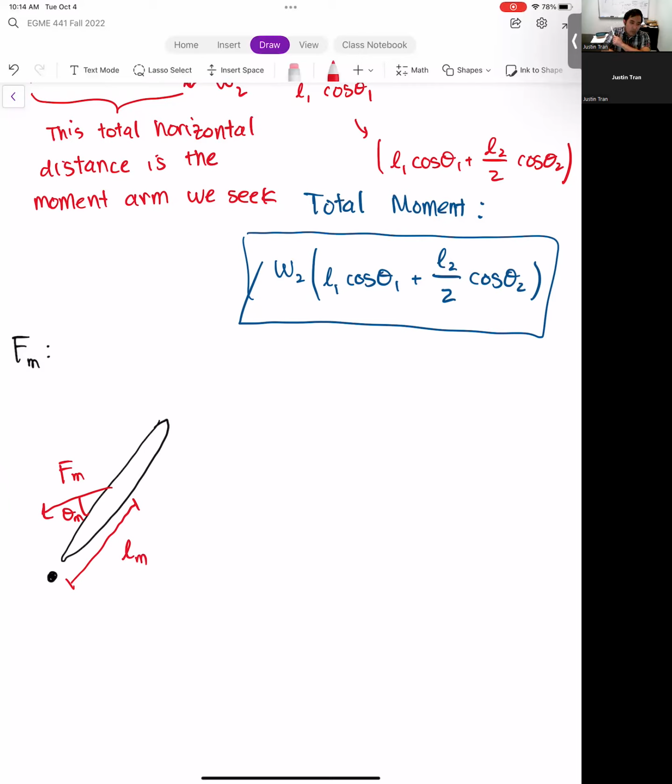I think there's been some confusion, and partially it's my fault, because I did an example where I broke this Fm up into components. But typically, when you're computing the moment from a muscle force, you're only going to have one component. The logic is a little different than the weights, because this direction Fm is oblique, so it's not vertical like the other ones.